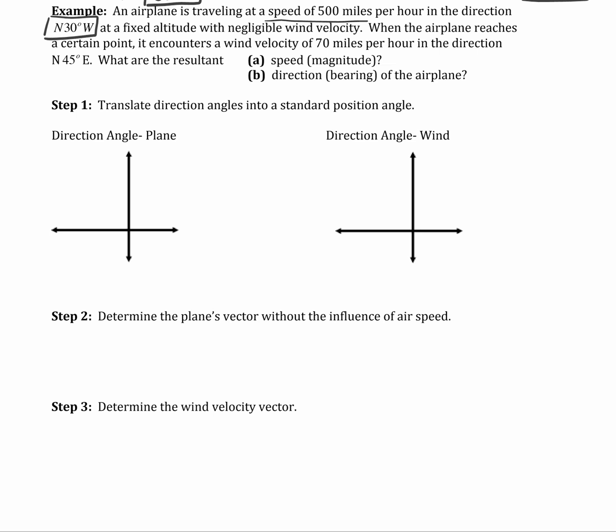So if we start at north, which is again 90 degrees, go towards west 30 degrees, we are going to calculate our standard angle from that by doing 90 plus 30 degrees and getting 120 for our standard angle.